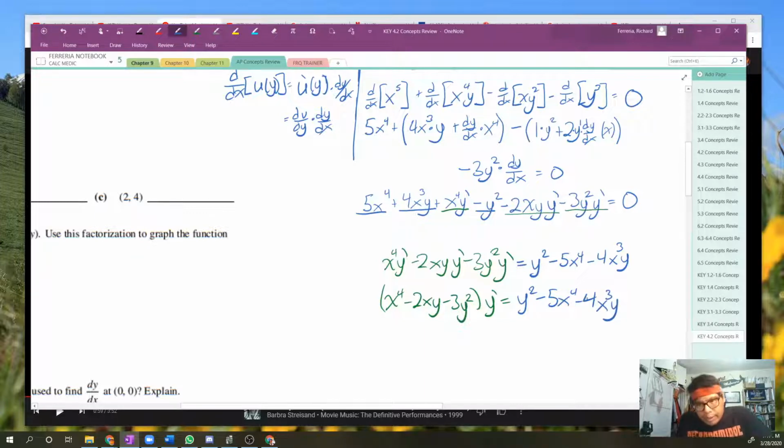And then now we're just going to divide by that x to the fourth expression, giving us the answer. y prime equals big fraction bar, y squared minus 5x to the fourth minus 4x cubed y, everything on top of x to the fourth minus 2xy minus 3y squared.